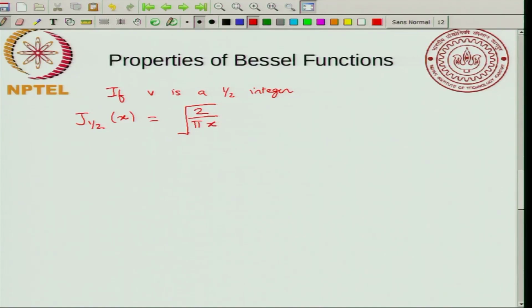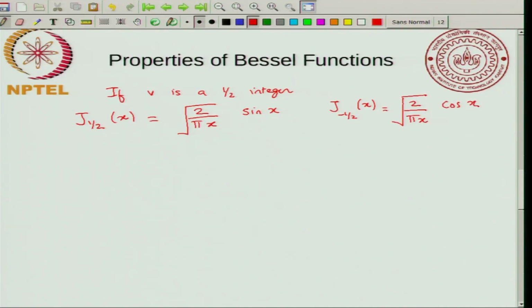The square root of 2 by pi is a constant that is added, but you basically have 1 by root x times sine x. So it has a very simple connection with sine x. It is just sine x divided by square root of x. Similarly, J of minus half of x, and you can imagine what this will be. This is just square root of 2 by pi x times cosine of x.